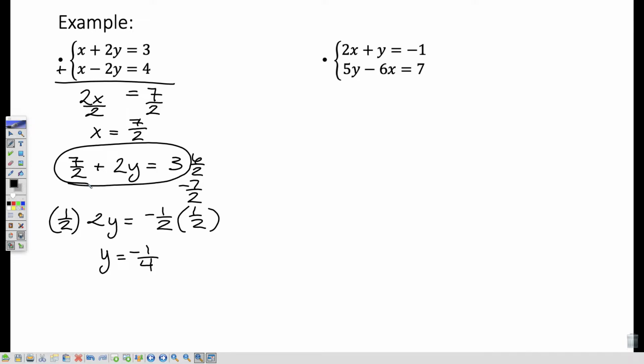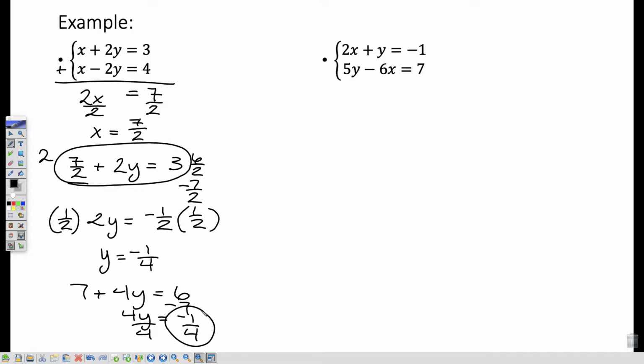So I would have 7 plus 4y equals 6. Subtract 7, so 4y equals negative 1, and divide by 4, so y would still equal negative 1/4.